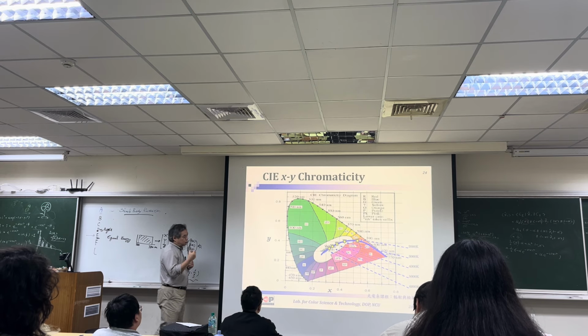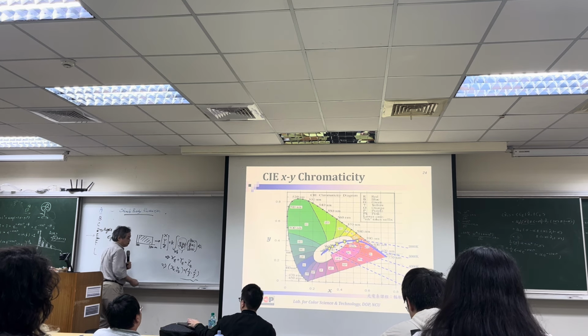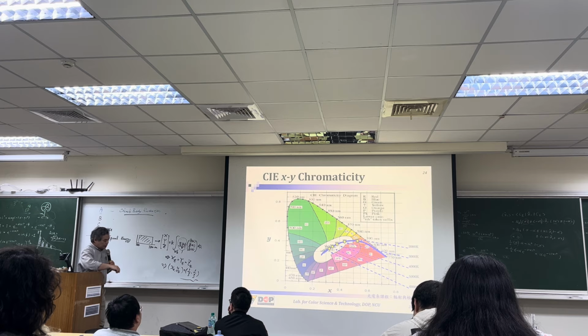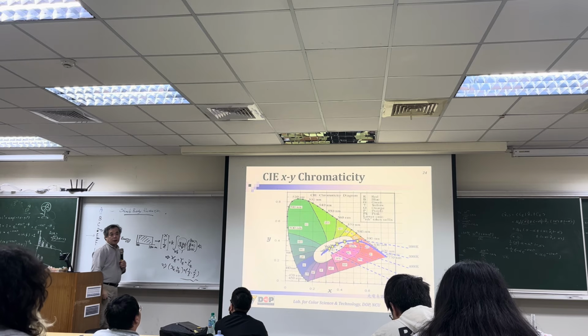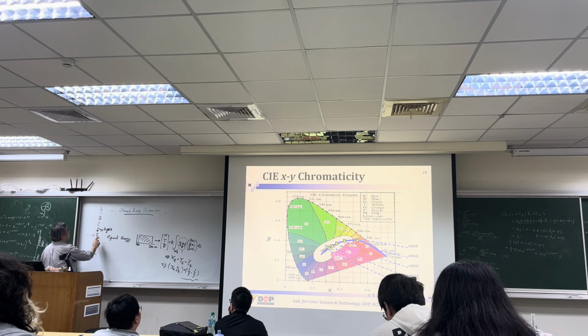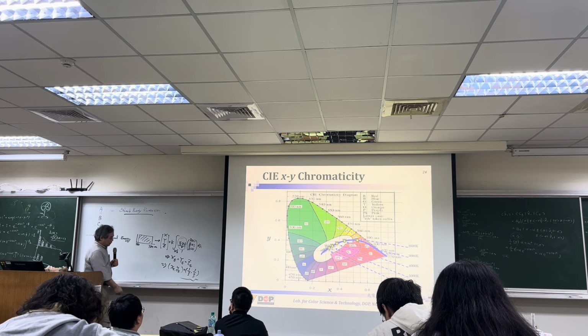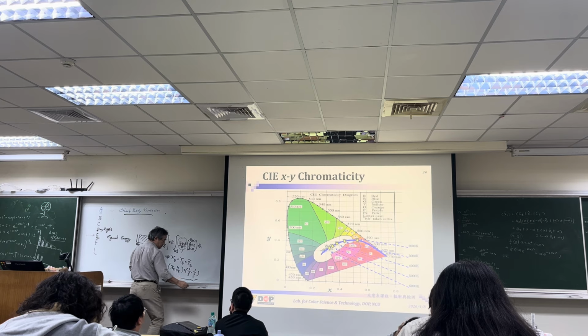Okay, the geometric center. So this is a special point. Sometimes when we do the colorimetry calibration, we will compare to this kind of special light source. Okay, so standard illuminant E means equal energy, and the corresponding chromaticity will be 1/3 and 1/3.